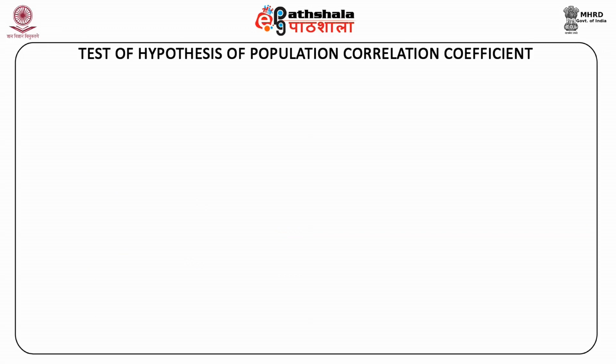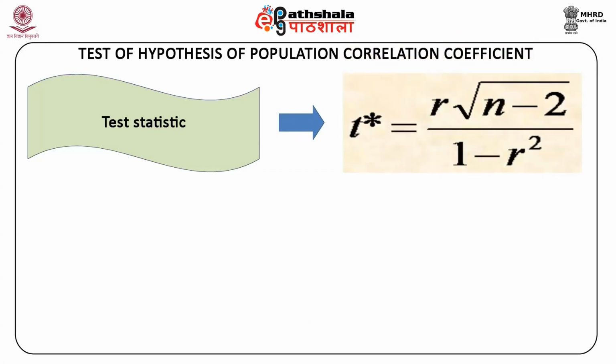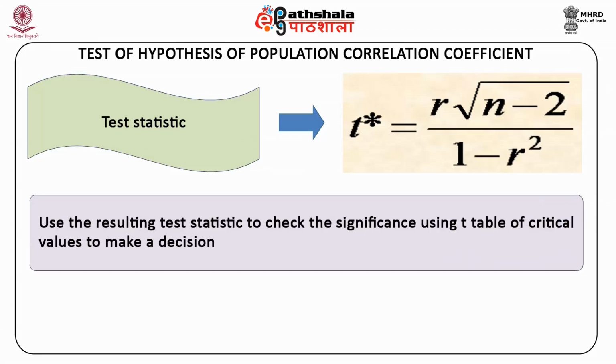Then we calculate the value of the test statistic by using the formula: test statistic t star is equal to r multiplied by the square root of (n minus 2) whole upon (1 minus r square). We use the resulting test statistic to check the significance using the t-table of critical values to make a decision.